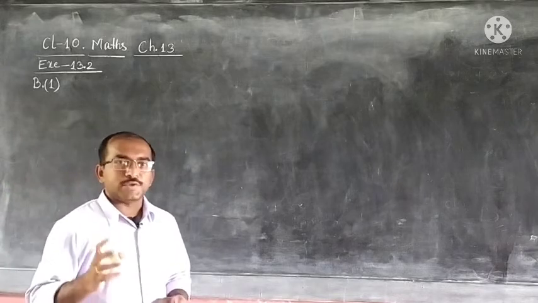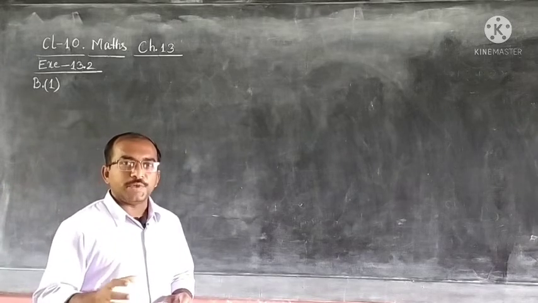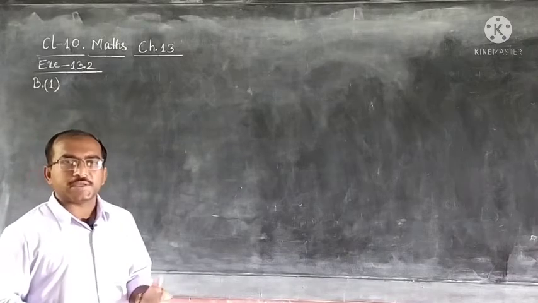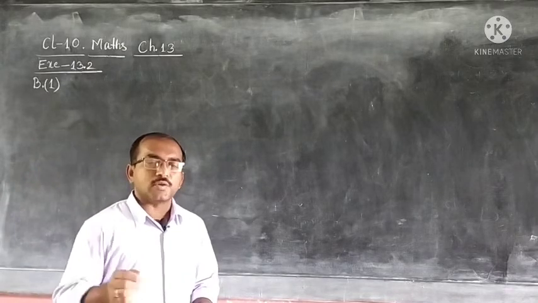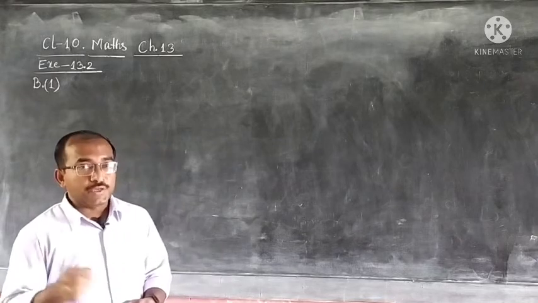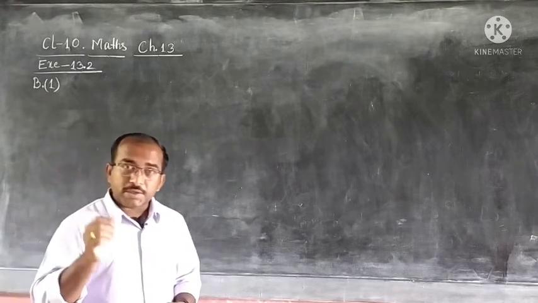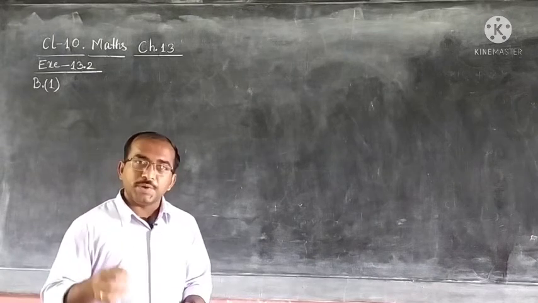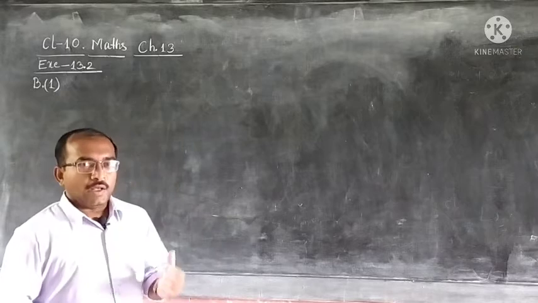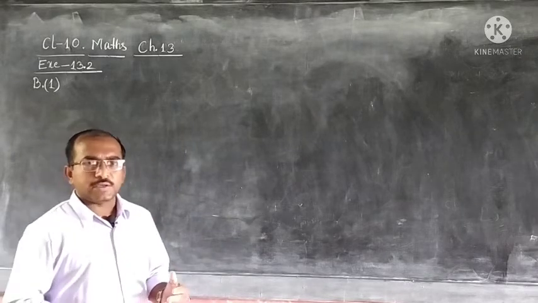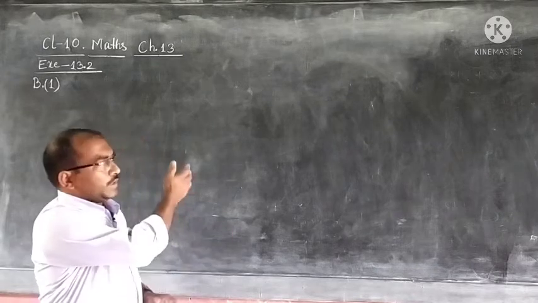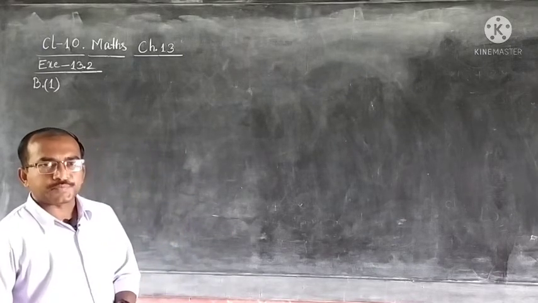Suppose we have a solid, the volume is the space occupied by the solid. How much space a solid occupies is called its volume, and volume is always denoted in cubic centimeter, cubic meter, I mean cubic unit. Then there will be certain formulas, you can get them from your textbook also, and I will be telling you about all those formulas here.